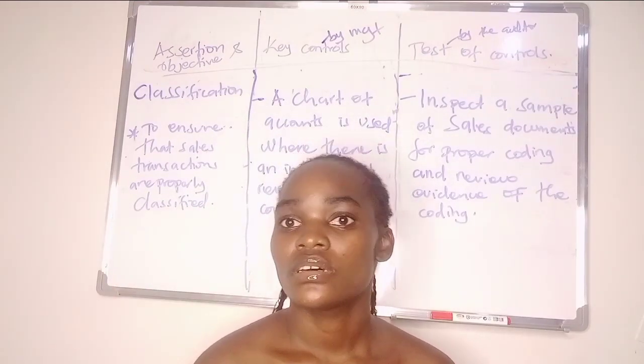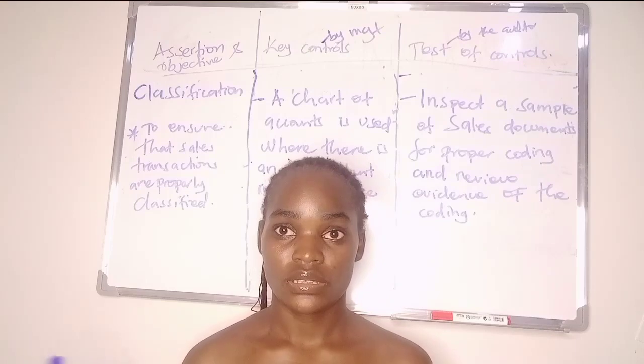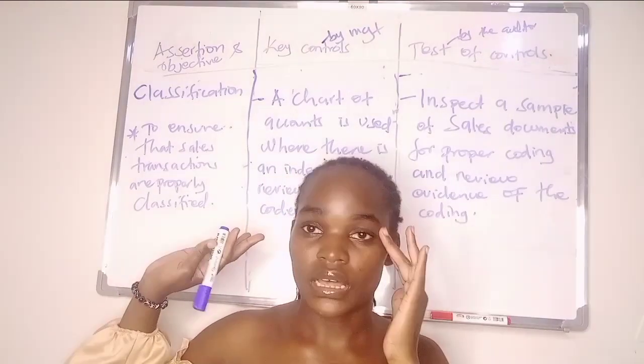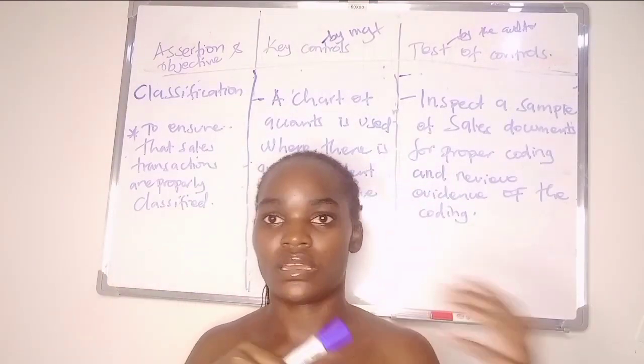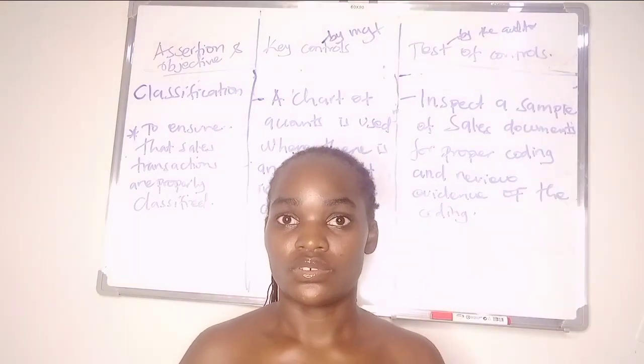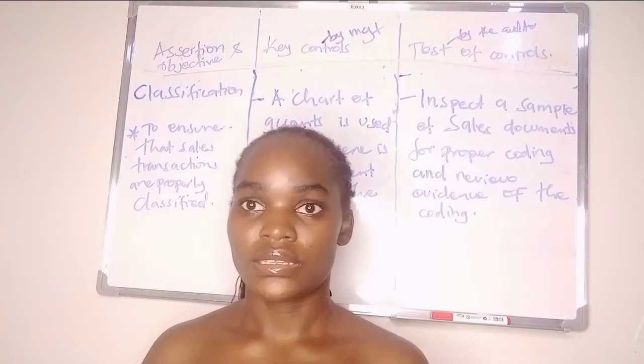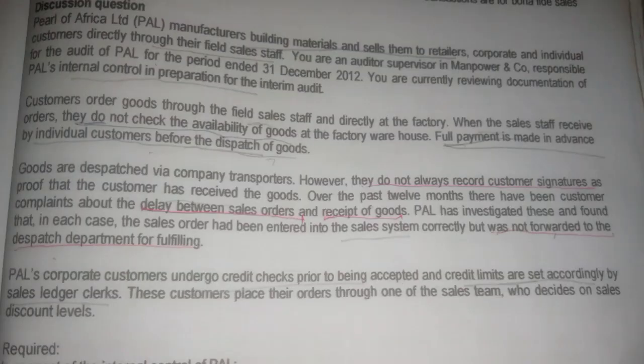So that has been the sales system, and its assertions, and then the key controls and test of control. So we are going to have an example. So the example goes: Pearl of Africa Limited manufactures building materials and sells them to retailers, corporate and individual customers directly through their field sales staff.